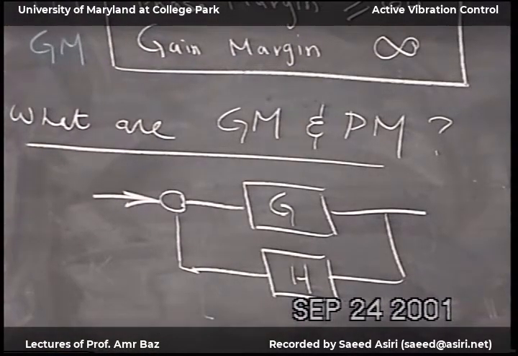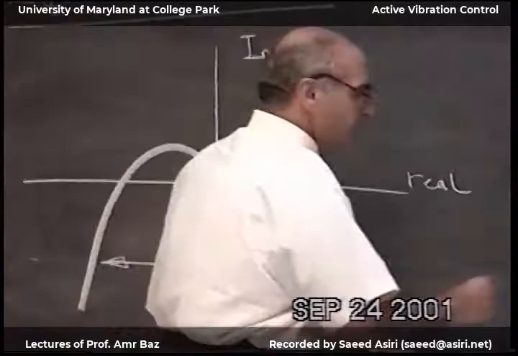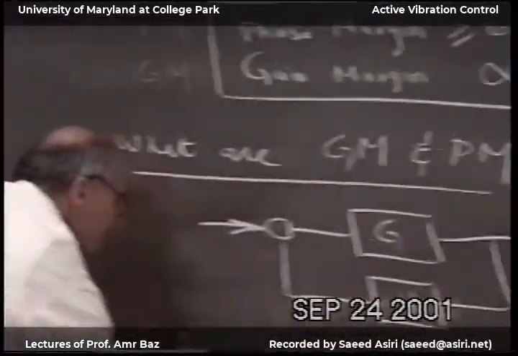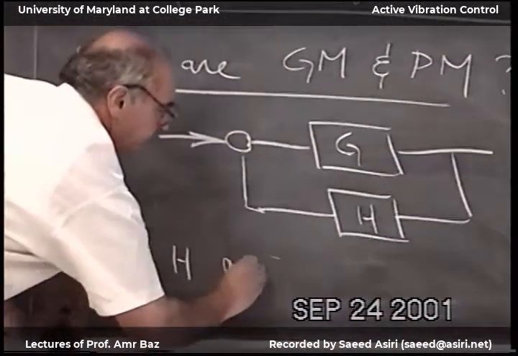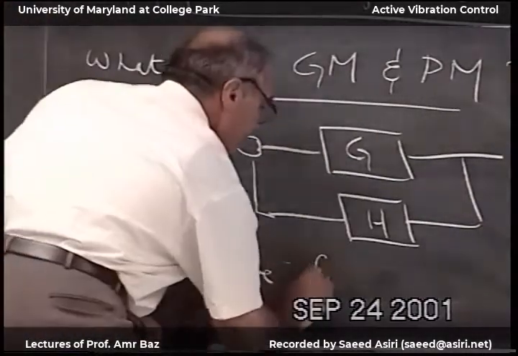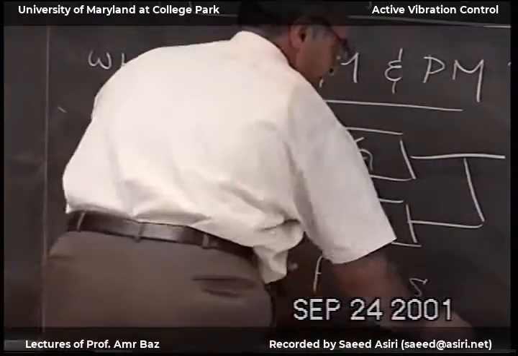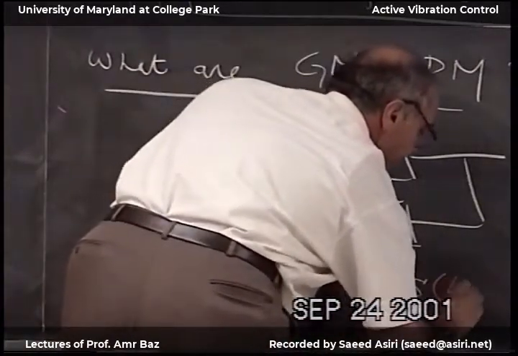If I plot these like this, then the G and H are functions of the Laplace operator S, the Laplace complex number.